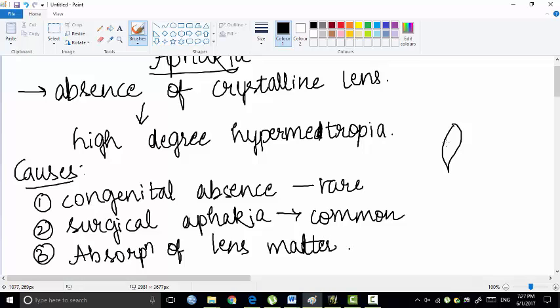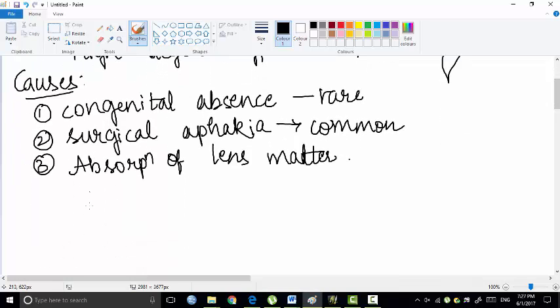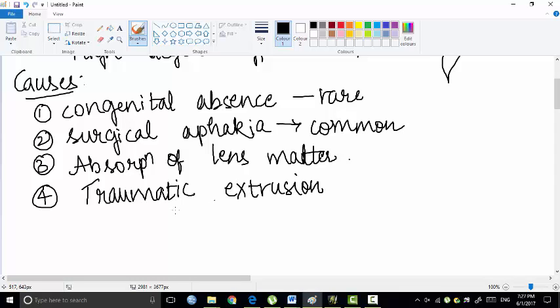That is, this lens matter is absorbed by some phagocytes, or it is destroyed in one way or the other in the body, then this may lead to aphakia. Or it may be traumatic, some injury to the eye leading to traumatic extrusion of lens, though it is a rare condition.